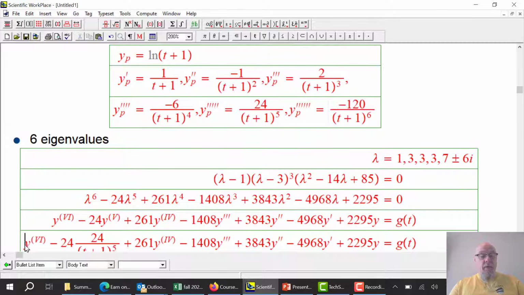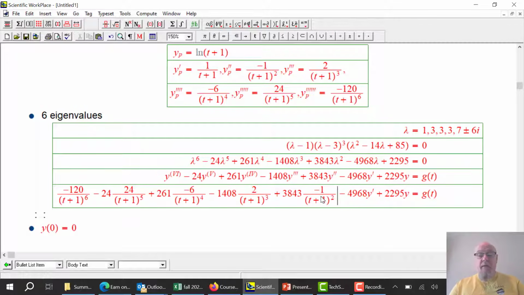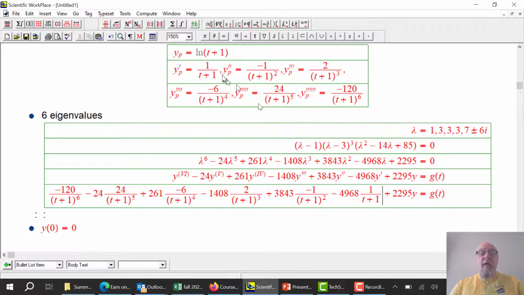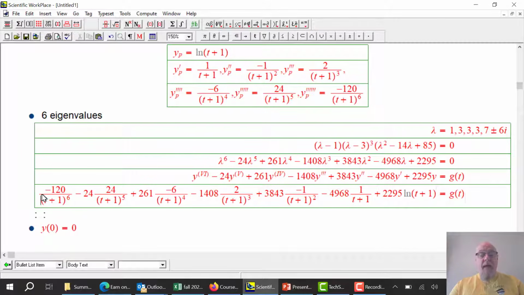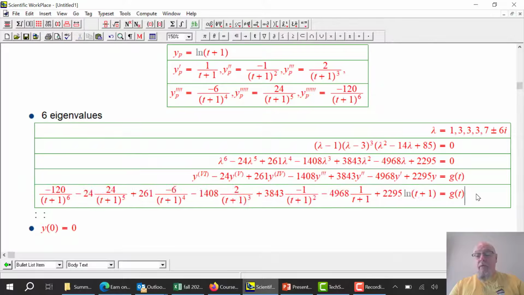That piece goes in here. I need the fifth derivative, the fourth derivative, third derivative, second derivative, first derivative, and the actual function. If I would clean this all up, it won't clean up nice, but that would equal the g of t. I don't even have to clean it up. That is the g of t.